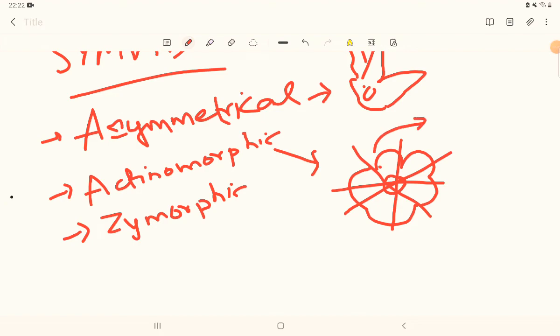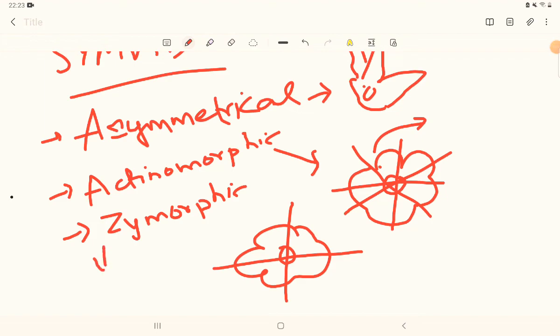That is your actinomorphic. Zygomorphic means when we cut the flower only like this, in the vertical way, then only we are able to get the flower's symmetry. Okay, this is bilateral.